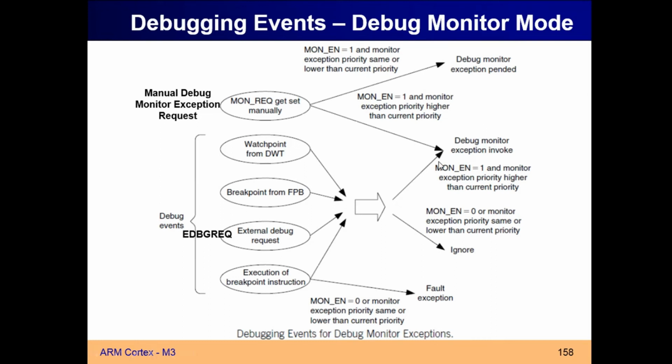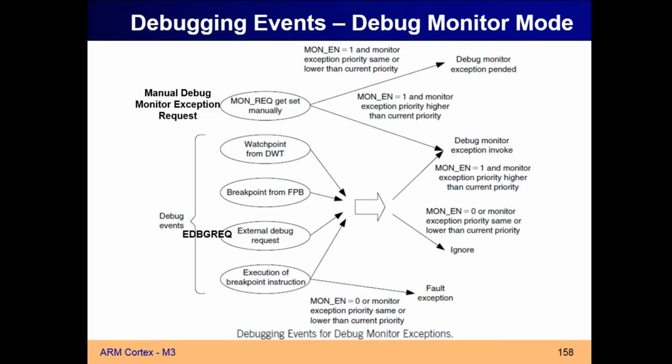Debug monitor will be invoked, the exception handler will be invoked. So debug monitor exception is the same as other exceptions. So this will only execute if the processor is executing something else which has lower priority than the debug monitor, right?